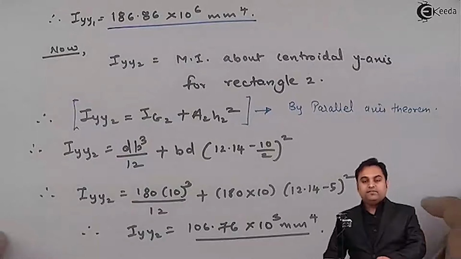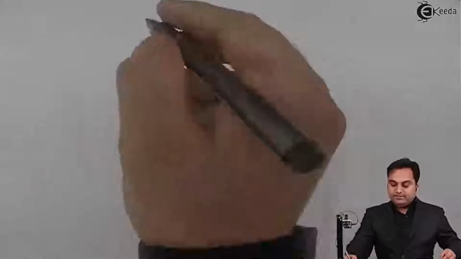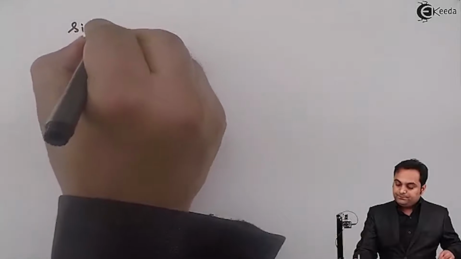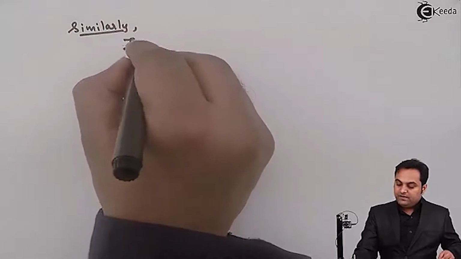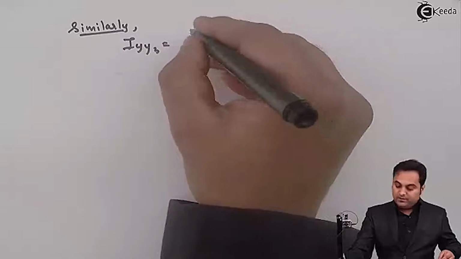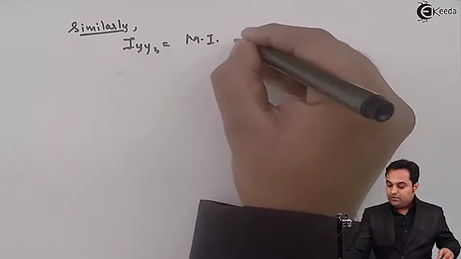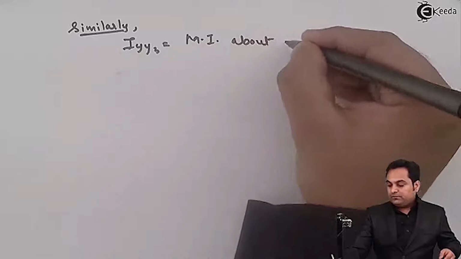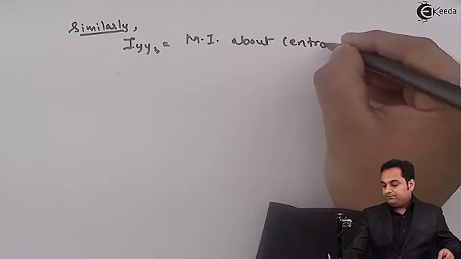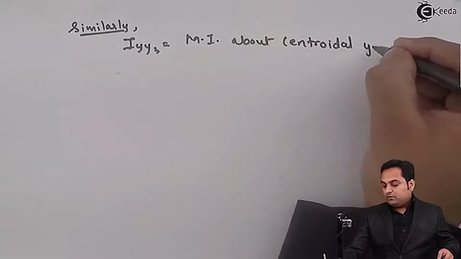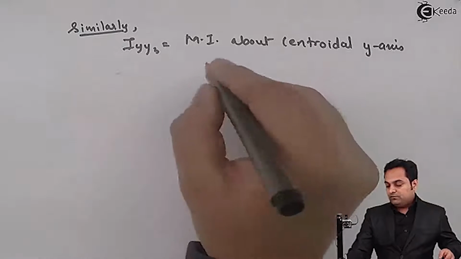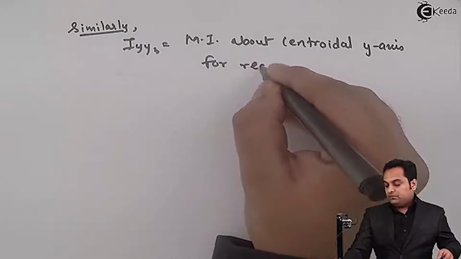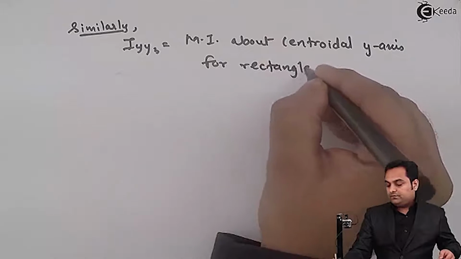Now after getting Iyy2, similarly Iyy3 is the MI about the centroidal y-axis for rectangle 3.